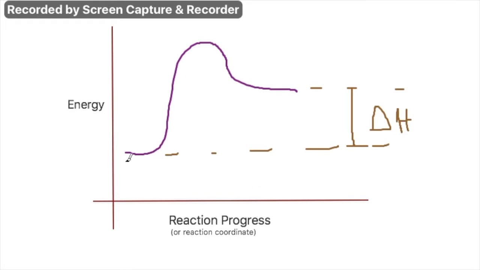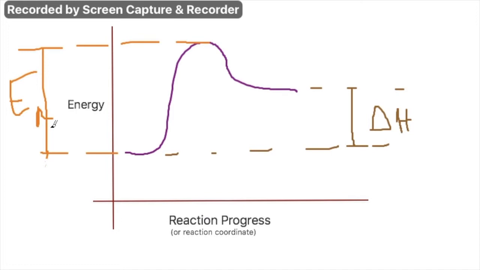The activation energy goes from, I'm going to move over to this side so it doesn't get in the way of delta H. Activation energy is the energy required to go from the reactants all the way up to the highest point. So this right here is our activation energy, and you'll often see it abbreviated like this with a capital E and a subscript A.